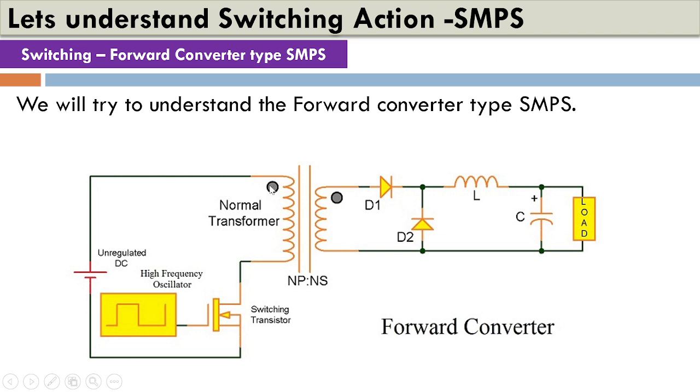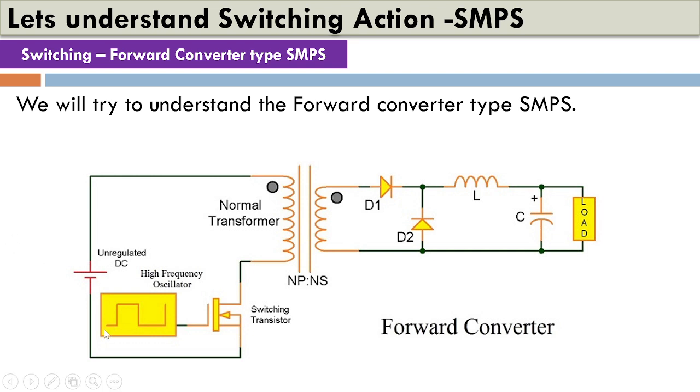The dot signifies that this section will start conducting, as well as the other part. The other end of the transformer is usually connected to the drain of the power MOSFET. The source is connected back, and the gate is connected to a high frequency oscillator.